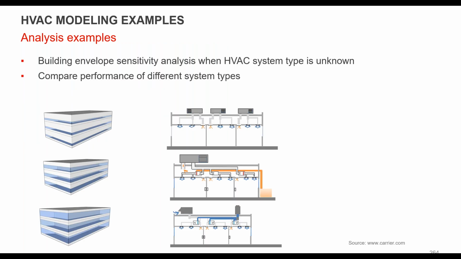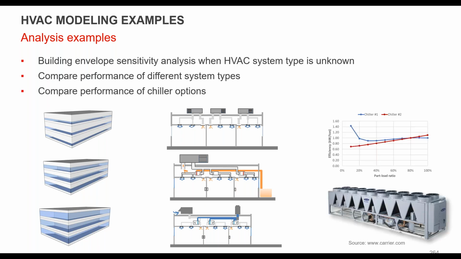So for an example for envelope, if you don't have an HVAC system, so you have 3 different facade options, you might have 3 different HVAC options. And again, this might be sort of a scatter shot, right, where you're doing multiple parametric runs to figure this out, but you might be running each one of those facade cases with each one of those HVAC system options, and maybe a couple different chiller options, right?